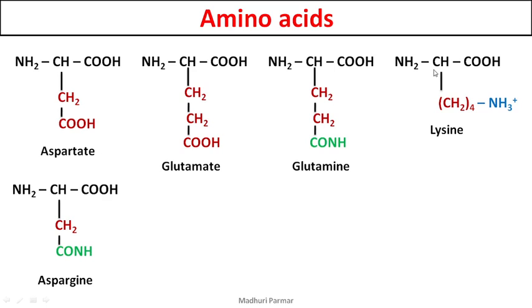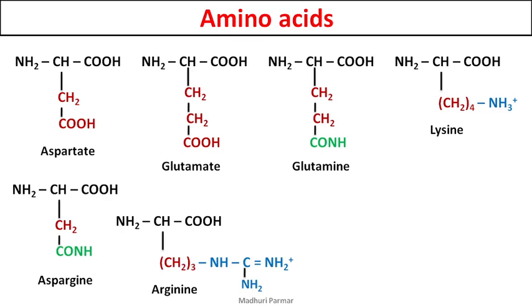Here, this is the basic amino acid structure, and in its R group, you have CH2 four times, CH2, CH2, CH2, CH2. Clear? And the last CH2 will have one ammonium group, NH3 plus. Clear? So this NH3 plus gives it a basic nature, which means lysine is a basic amino acid.